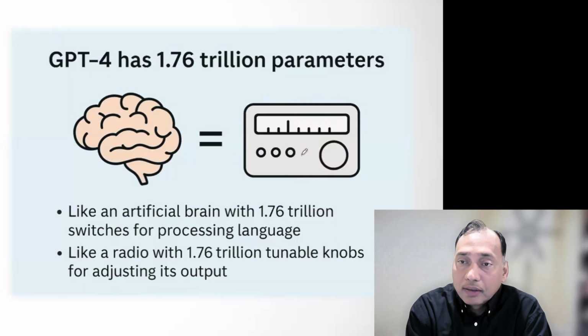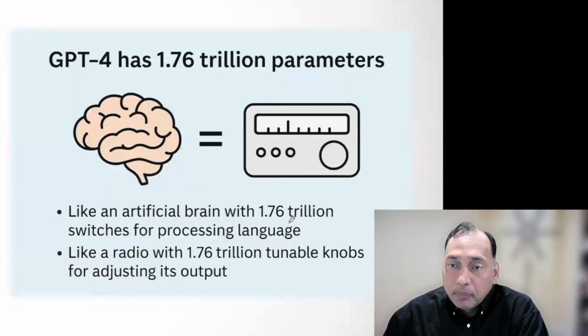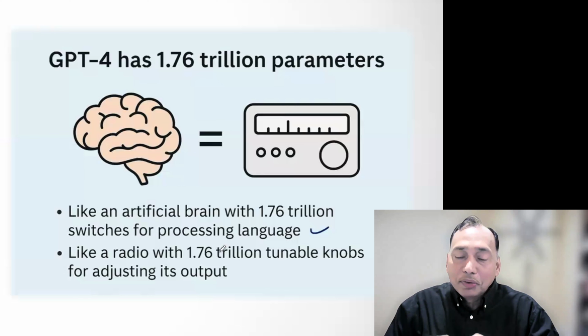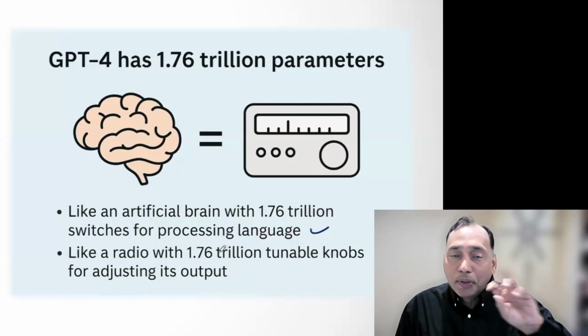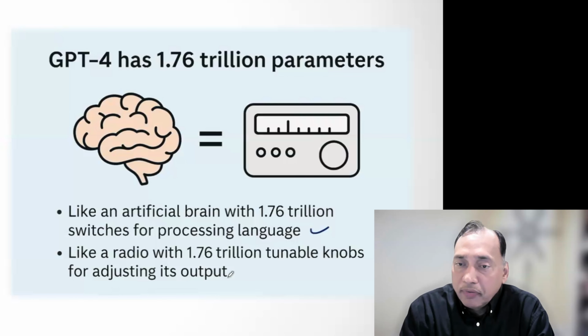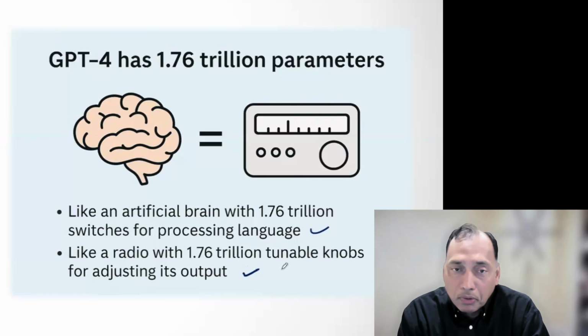You can think of this picture here, an artificial brain with 1.76 trillion switches for processing language. It's like a radio with so many knobs.